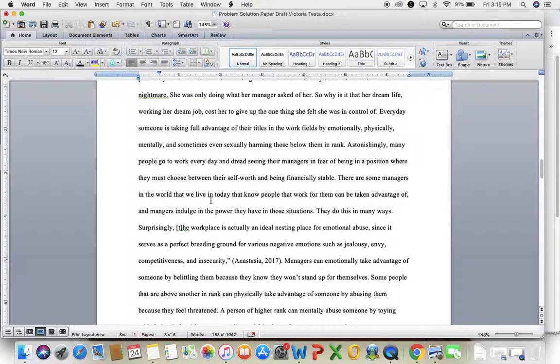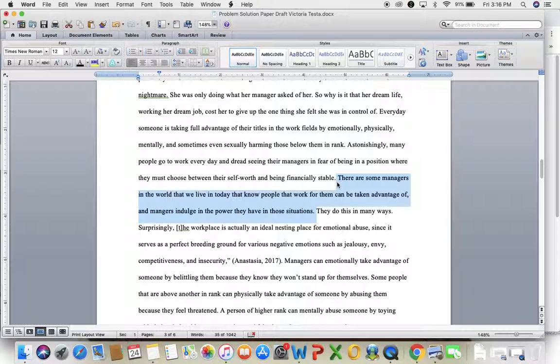"There are some managers in the world we live in today that know people that work for them can be taken advantage of." This sentence has a little bit of awkward phrasing in it.